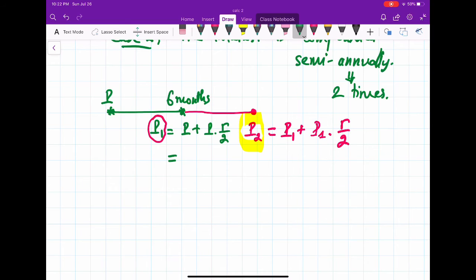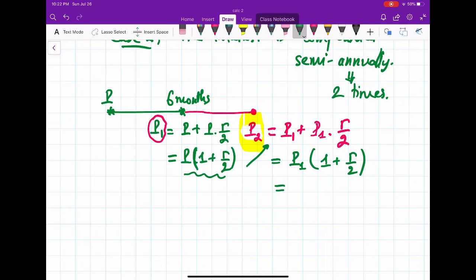For this, I have P1 times (1 plus R over 2), right? And we plug this into the formula of P2. But before that, I need to factor P1 out. I get 1 plus R over 2, right? And P1 is P times (1 plus R over 2), times (1 plus R over 2).